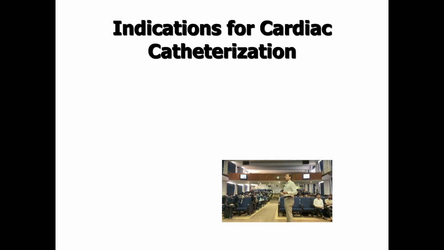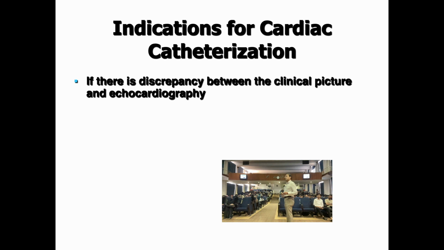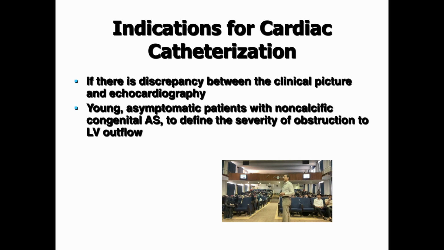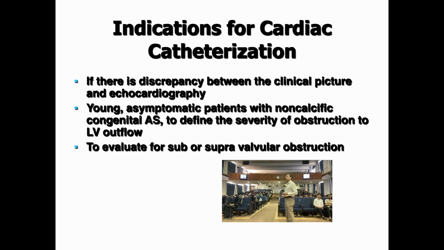So indications for cardiac catheterization are: if there is a discrepancy between the clinical picture and echocardiographic findings, it means something is being missed clinically or on echo. Then a young asymptomatic patient with non-calcific congenital AS, to define the severity of obstruction to the LV outflow, you may need an angiogram in younger subjects.